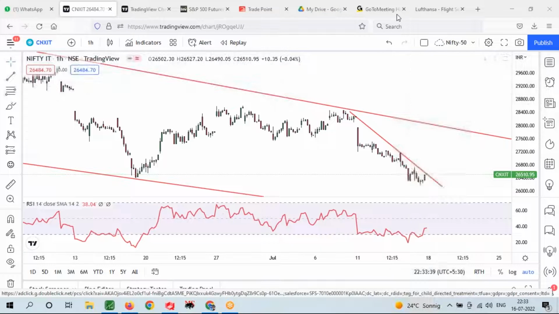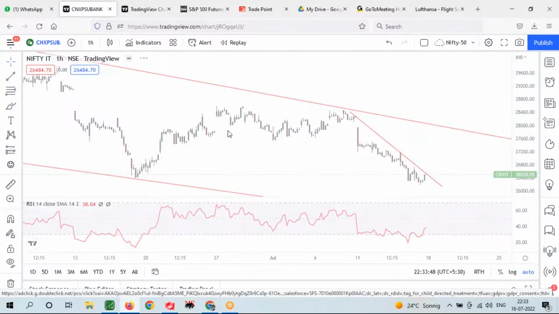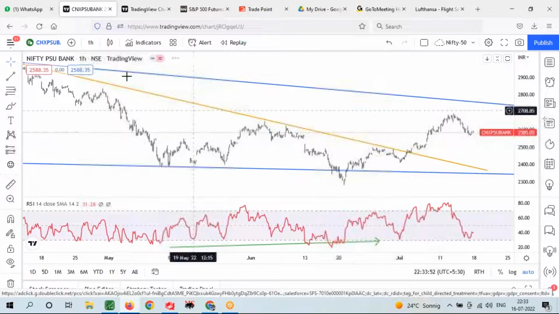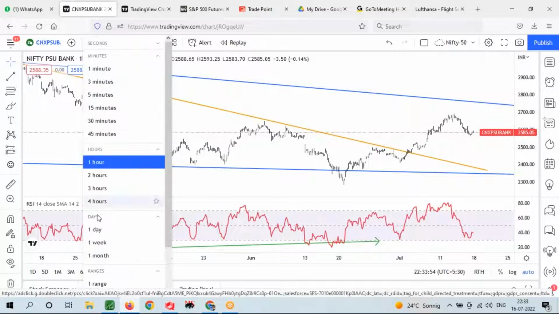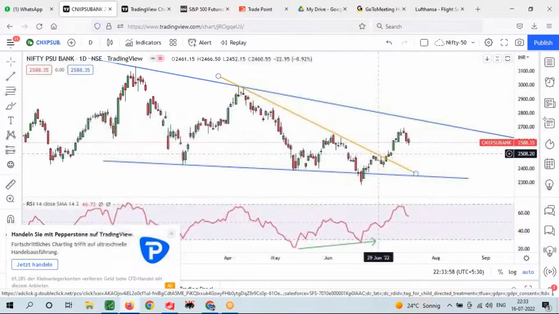All right, so I will look at Nifty PSU and the private bank index also. So this is the Nifty PSU daily chart, right? This is what we have discussed.